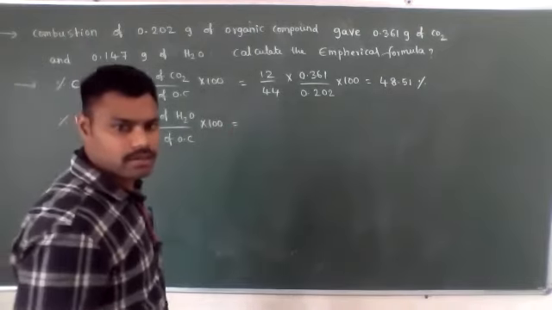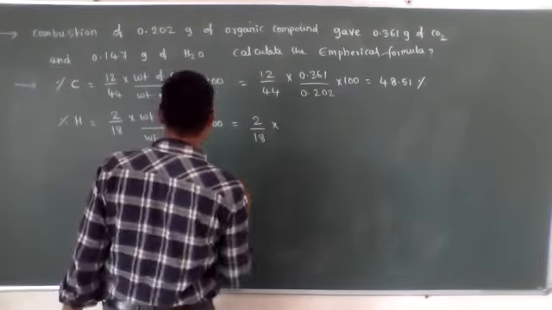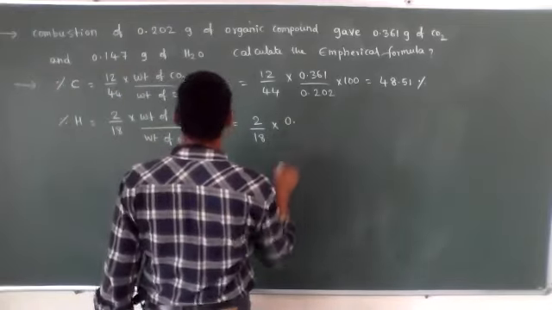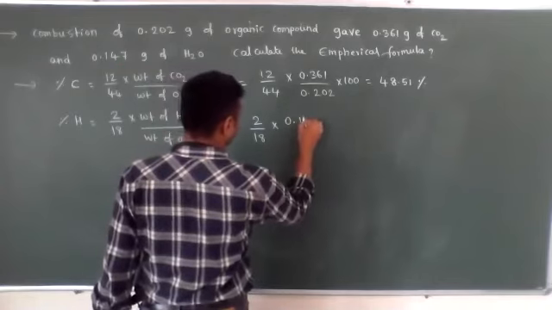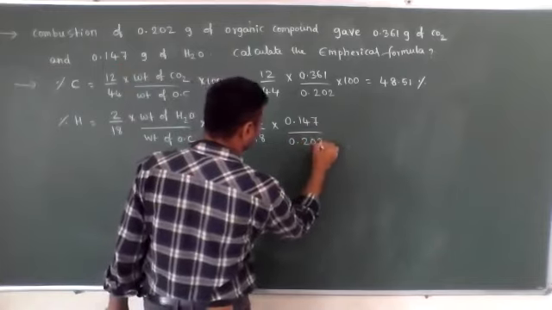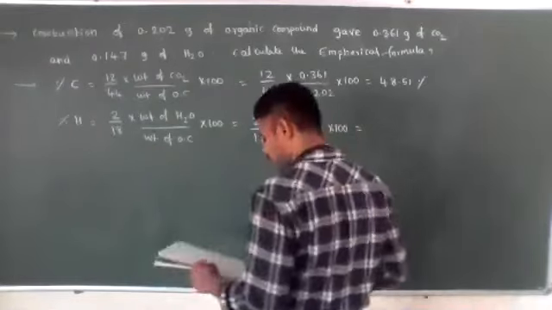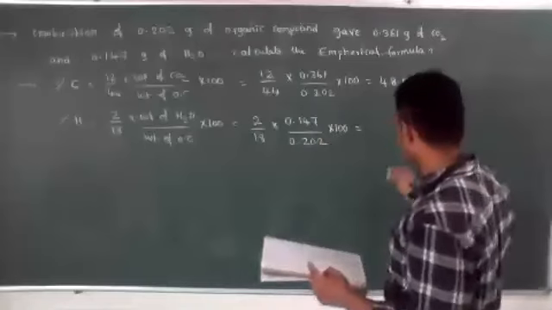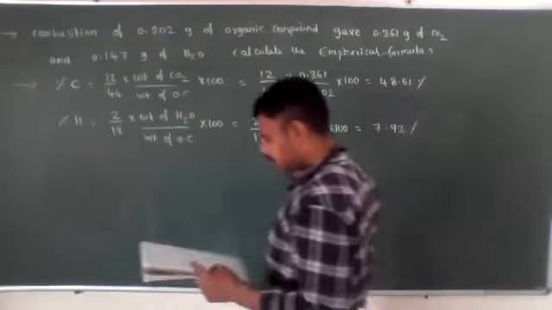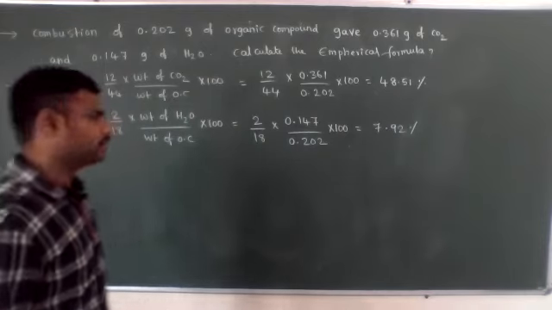Now let's see. 2 by 18 into the weight of water molecule they gave in the question, 0.147, by the weight of organic compound 0.202, into 100. How much are we getting? Percentage of hydrogen atom is 7.92 percent. But the sum of these two, carbon and hydrogen, is not equal to 100.